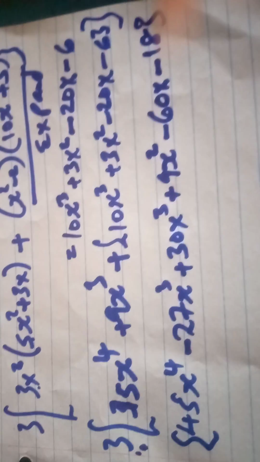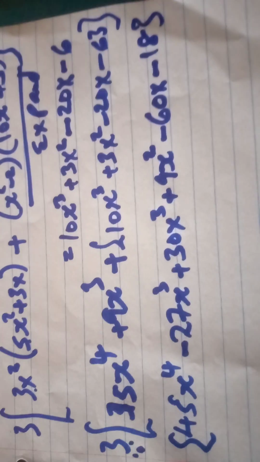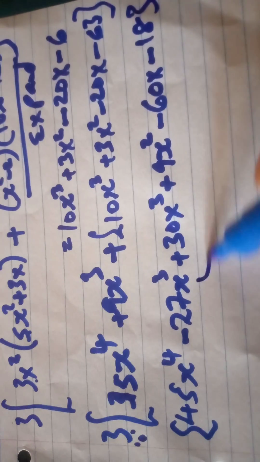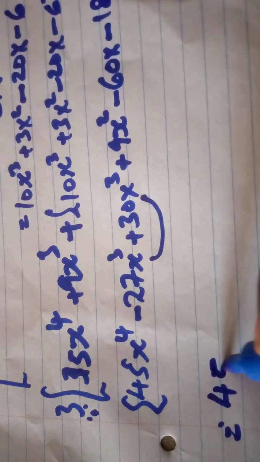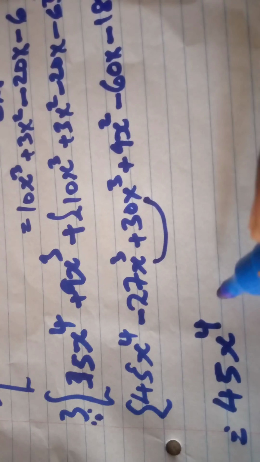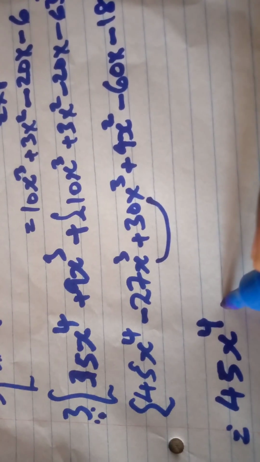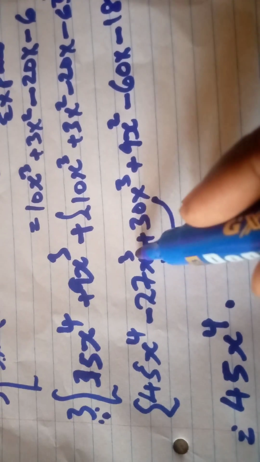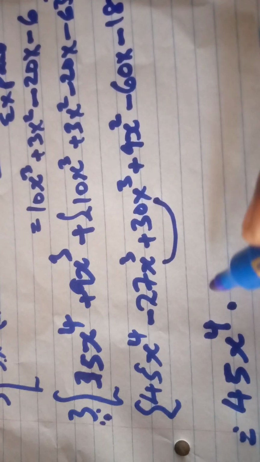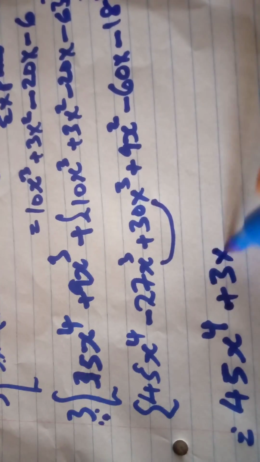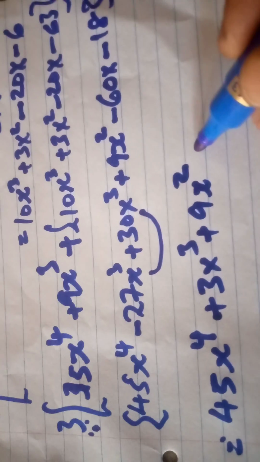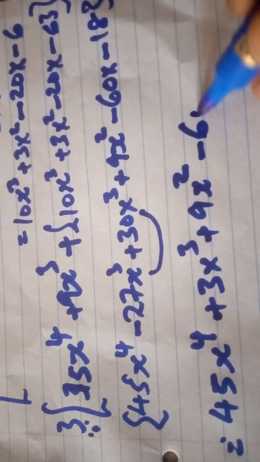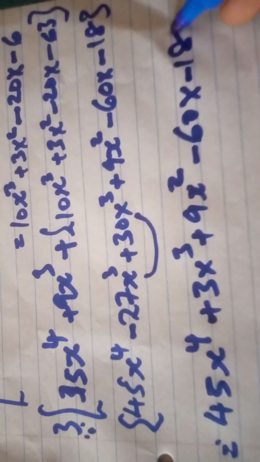I've opened the bracket using these 3, so I can collect like terms. So my equation is going to change to 45x power 4 minus 27x cubed plus 30x cubed, which gives plus 3x cubed, plus 9x squared minus 60x minus 18.